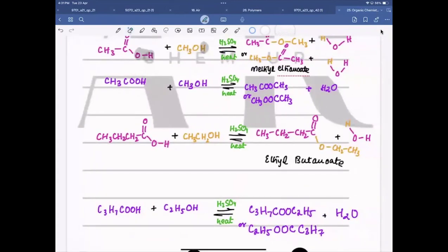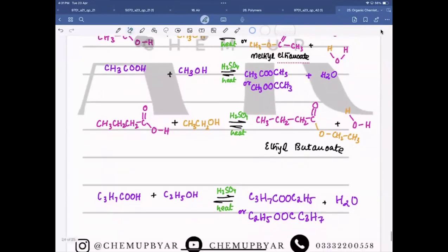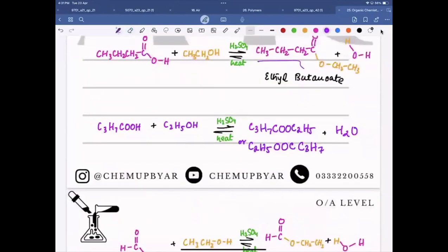Is this understandable? Yes, is it clear to all of you? Yes, sir. Clear. After you are able to write this, then from this you can easily write the structural formula like this.